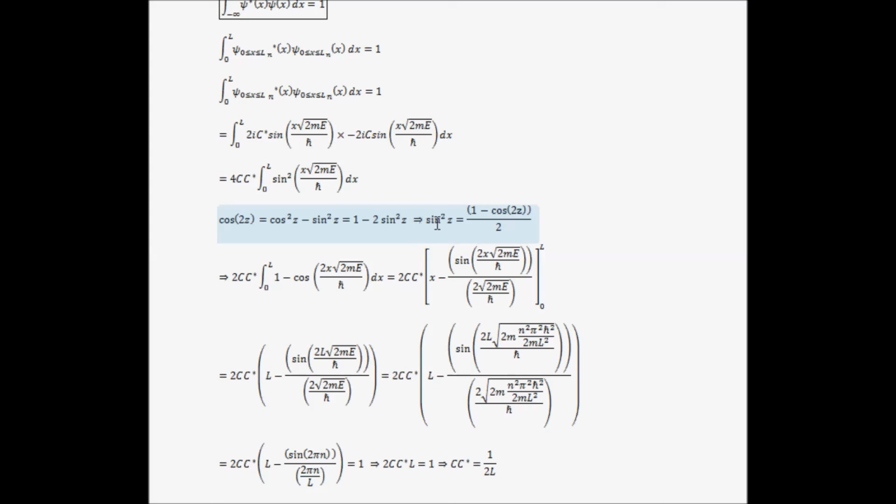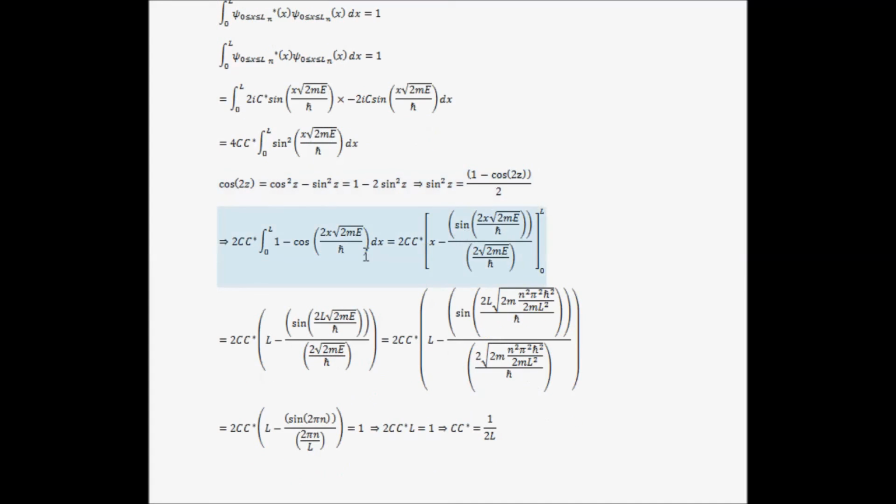Rearranging, we get sine squared z equal to (1 minus cosine of 2z) over 2, and this is really easy to integrate. So I've substituted z for that horrible thing, and then integrated. 1 integrates to x, and cosine integrates to sine divided by that horrible thing there, integrating between 0 and L, of course.